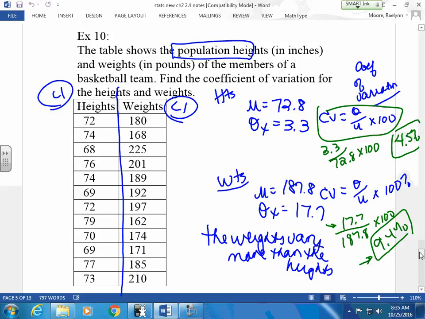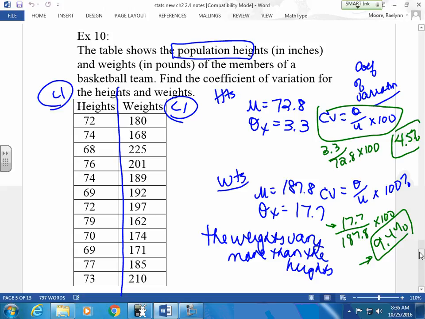Think about real life. Isn't that true? Especially for girls, not so much for boys, aren't you pretty much the same heights, just a little bit different? But don't your weights vary a lot more? Like boys, your heights vary a little bit more, but pretty much common, but your weights vary a lot more.